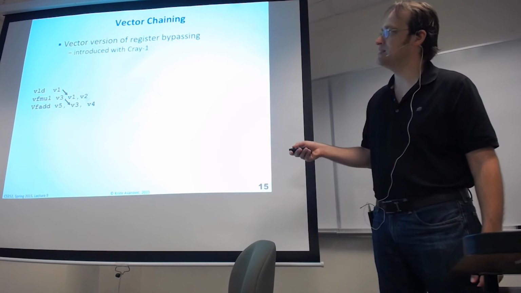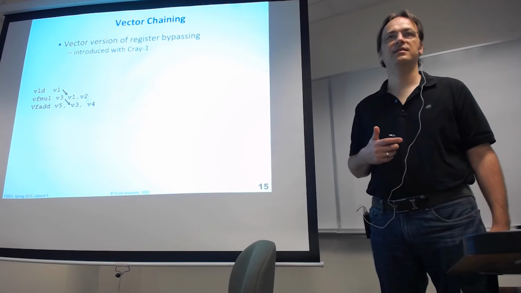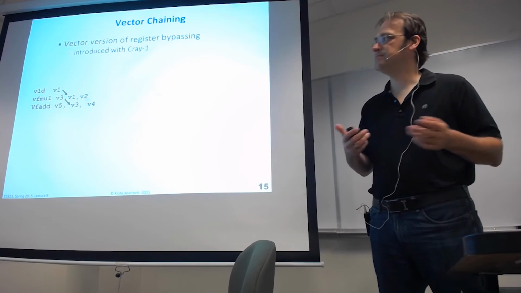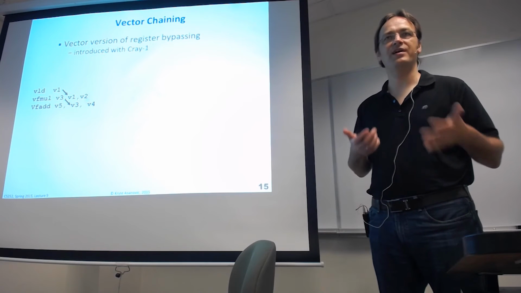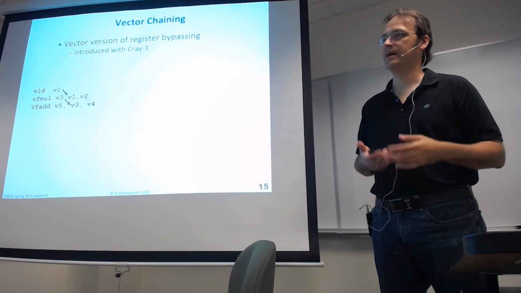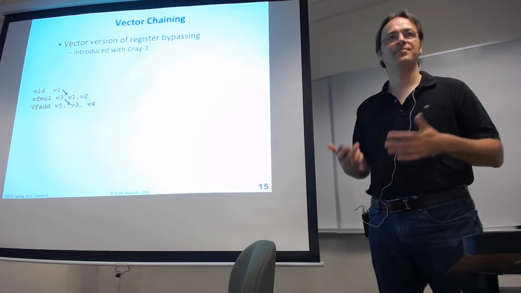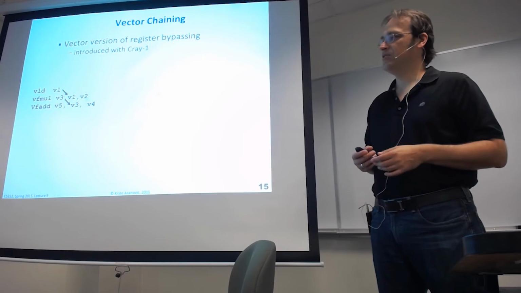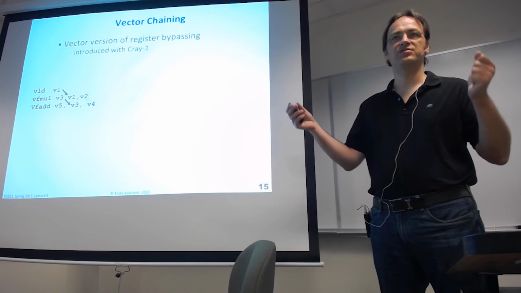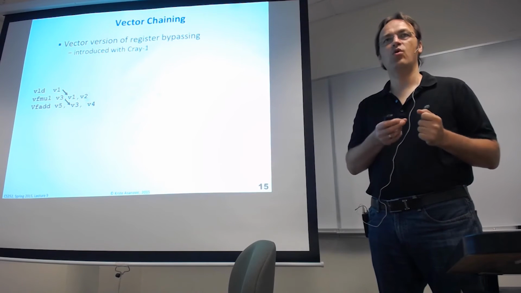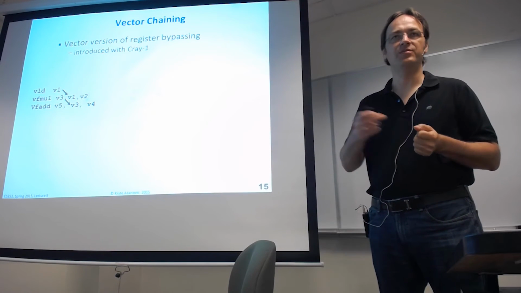So there are dependencies here. In a classic scalar design, you would do the load, and it would complete. Once the value was ready, you would do the multiply until it was complete, then you would do the add. But the thing to notice in the vector form is that instead of viewing the whole register as being completed, you can start work on the next instruction as each element within the vector is completed.